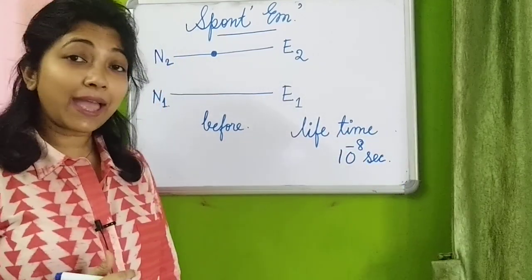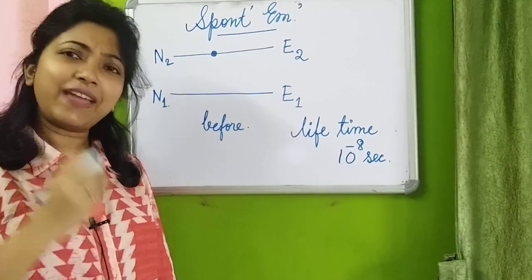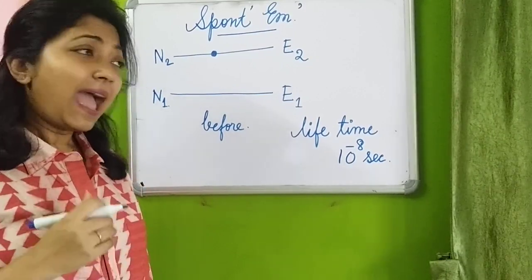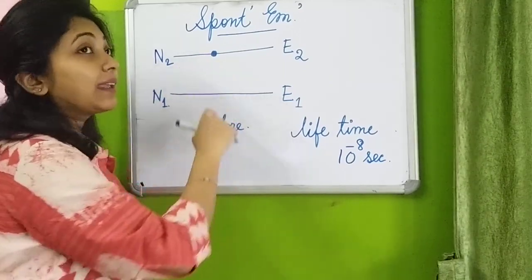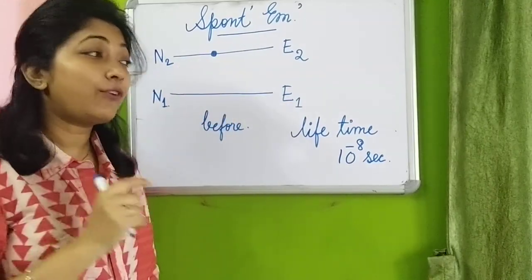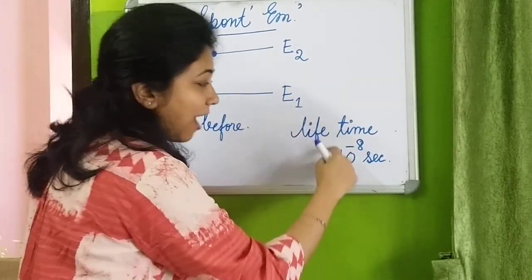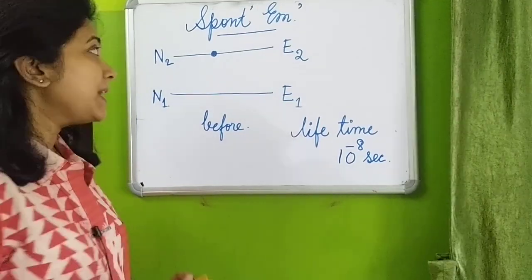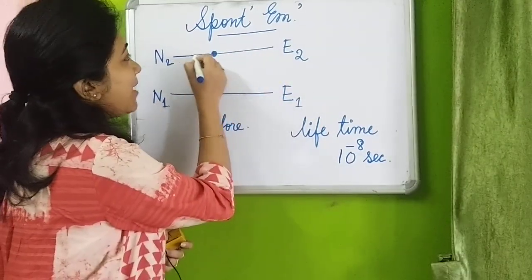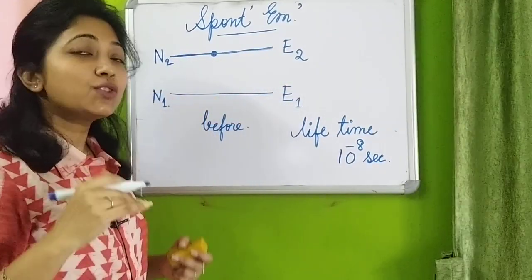I hope you can imagine that 10 to the power minus 8 seconds is a very small time. The electron can stay there only for this small period of time. After this 10 to the power minus 8 seconds, the stay of this electron in the excited level is not possible. So what does it have to do?